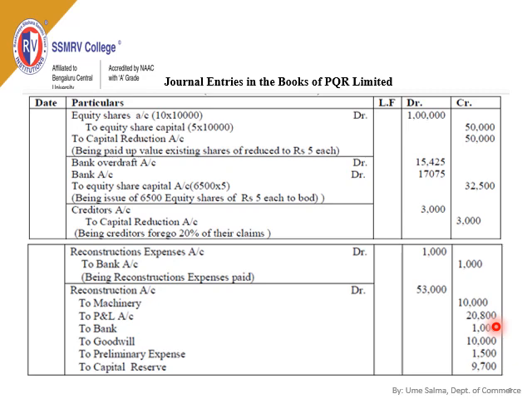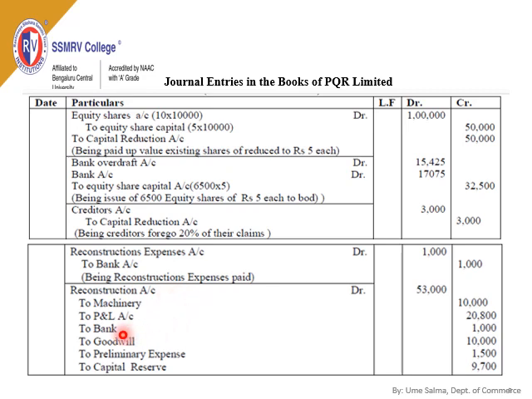So we are showing 20,800, which we have extracted from the balance sheet. And to bank is the expenses we had paid towards the reconstruction expenses; this amount is also to be adjusted against the reconstruction balance.